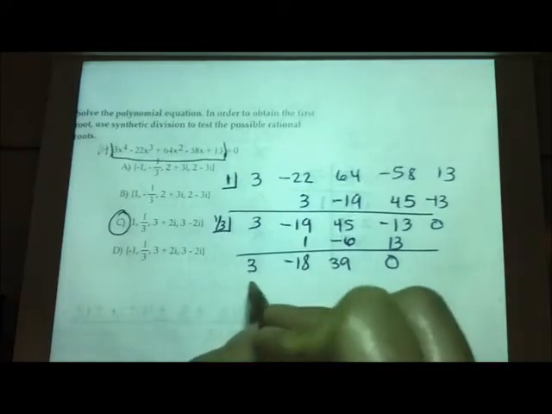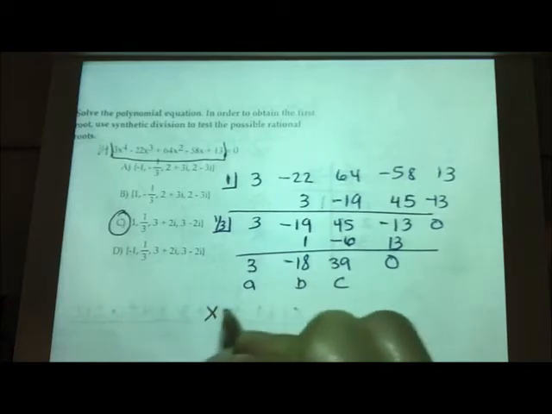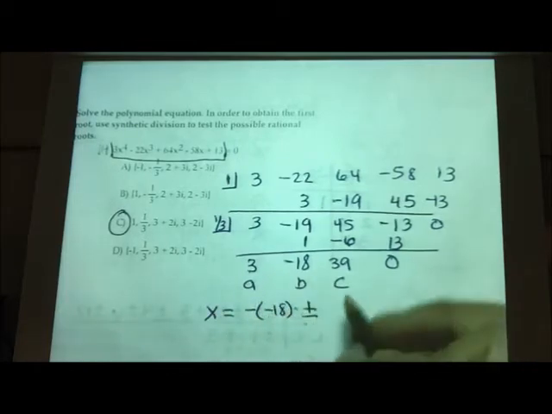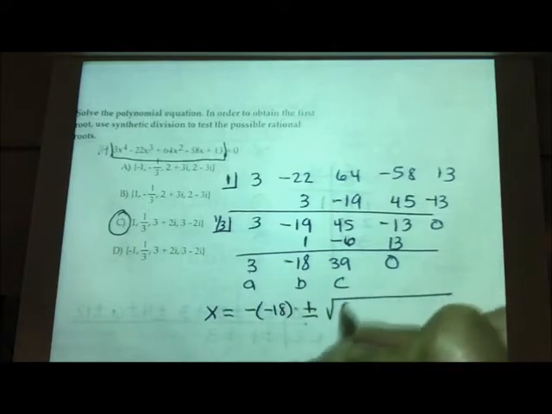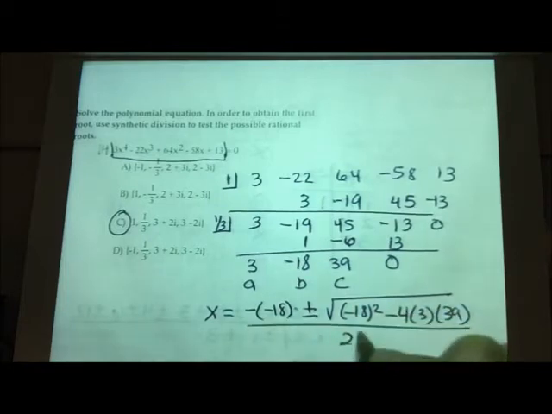use the quadratic formula, where this is your A, your B, and your C. X equals negative 18 plus or minus the square root of negative 18 squared minus 4 times 3 times 39, all over 2 times 3.